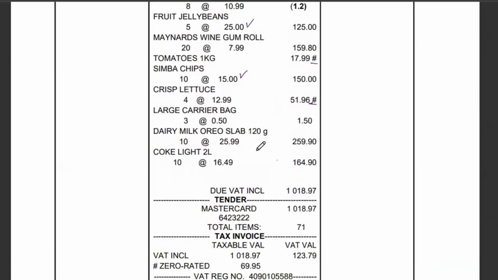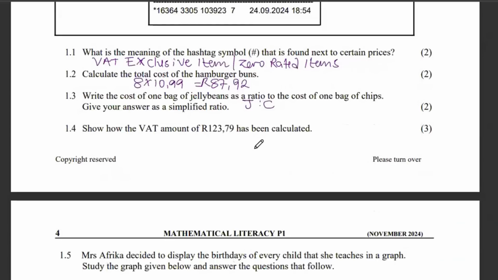So what will I have to do? I'll come down here. I'll say jelly beans 25 and chips 15. Simplified form, divide through by 5, you get 5. Divide through by 5, you get 3. That's a simplified form.